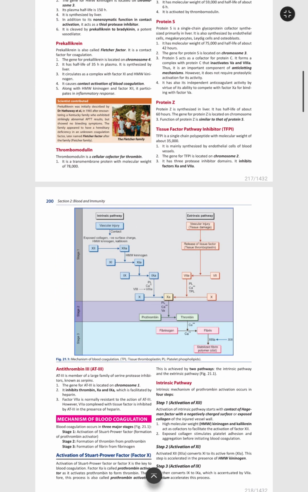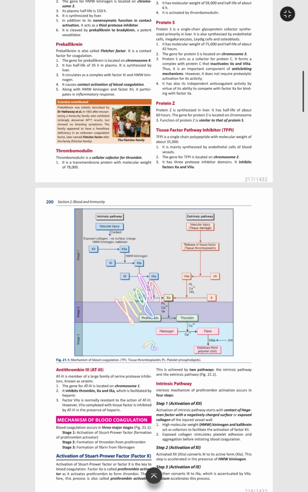High molecular weight, yes, kininogen and kallikrein. First 12th factor, Hageman 12A, HMW, 11A, 9A, 10A.